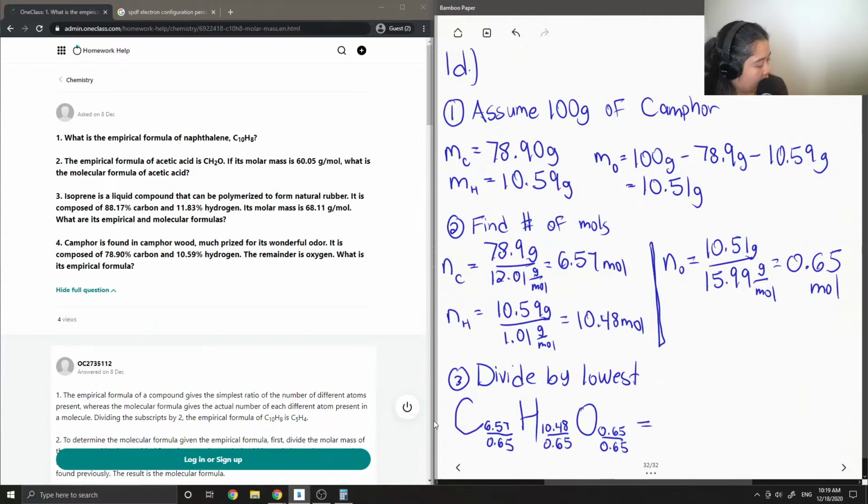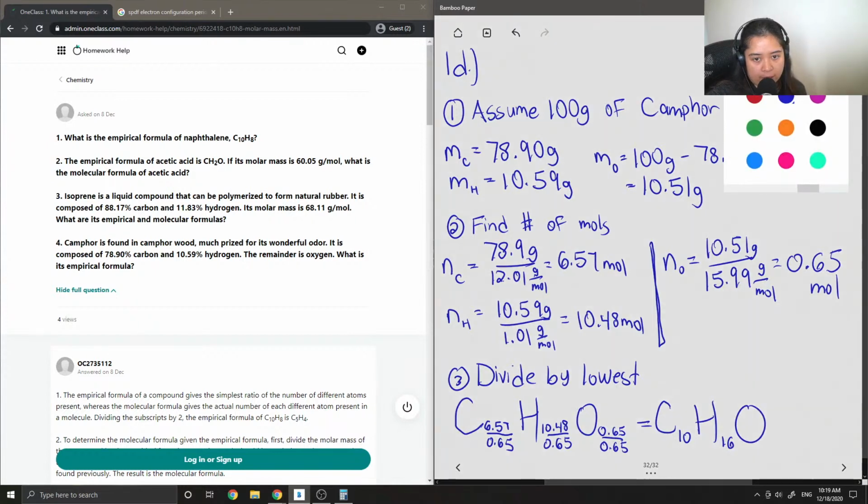Okay, so again, we're going to take all the different fractions and convert it to the nearest whole number. And we end up getting C10H16O.